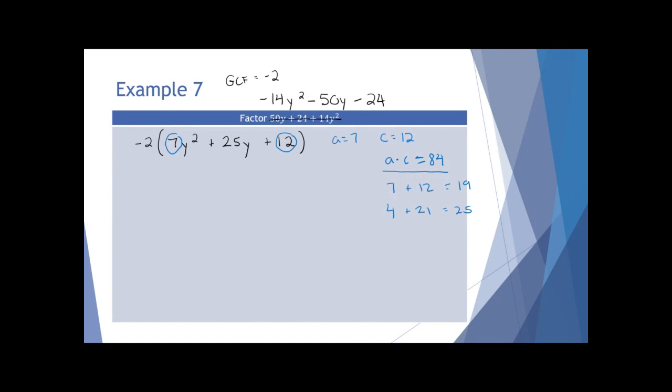So now I'm going to rewrite this, and just for ease, I'm going to turn those first sets of parentheses to brackets so they don't get confusing. Then I have 7y squared plus 4y plus 21y plus 12. And then I'm going to put in my groupings.